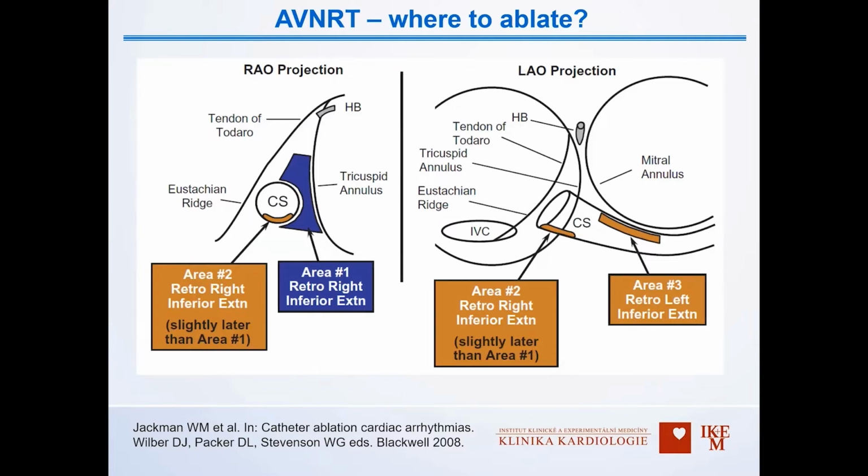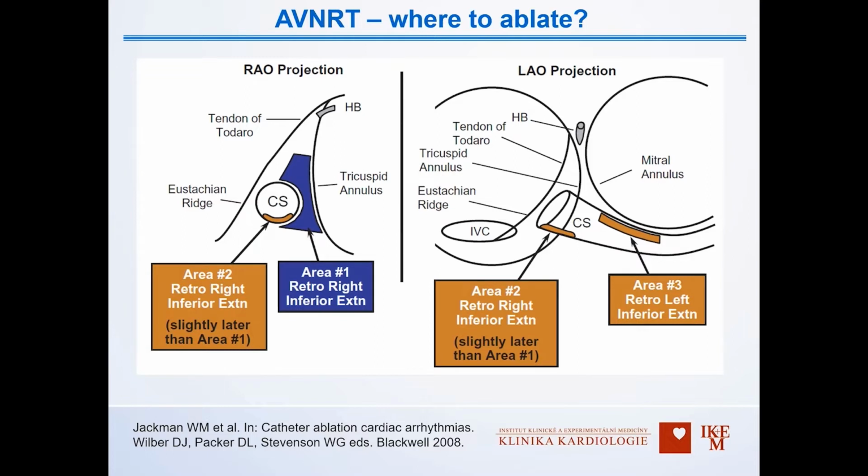When we look for the slow pathway, the typical site is the region between the insertion of the septal leaflet of the tricuspid valve that is anterior or slightly superior to the ostium of the coronary sinus, here annotated as area number 1. And when ablation at that site fails, we usually continue ablation with the catheter hooked inside the coronary sinus, either a little bit inferiorly or anteriorly.